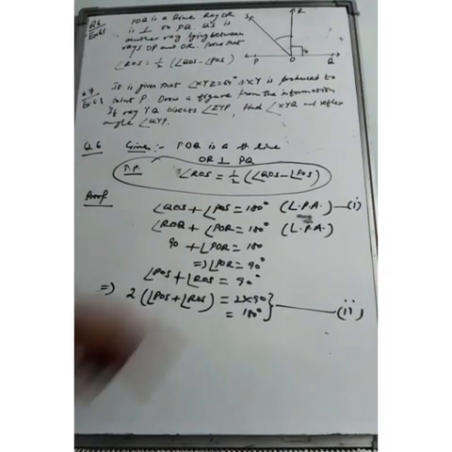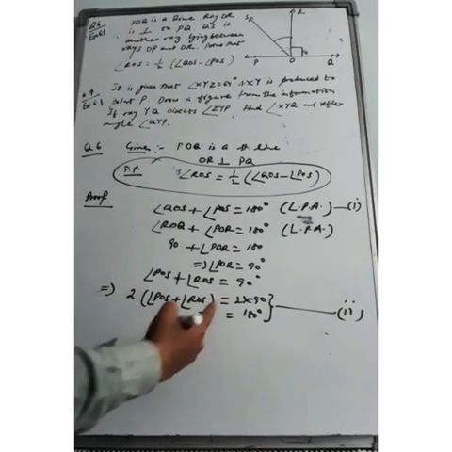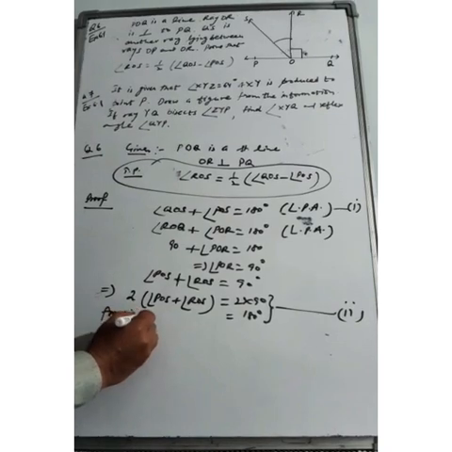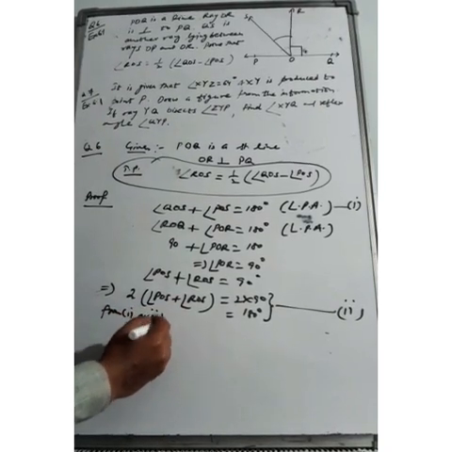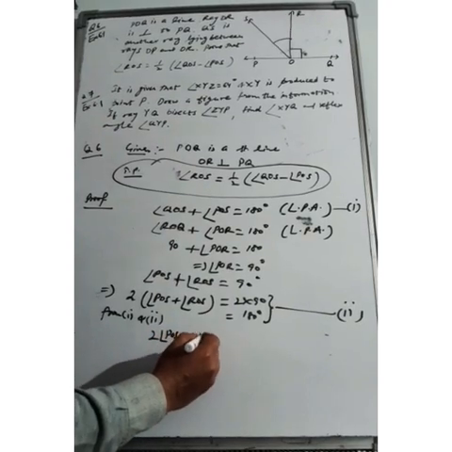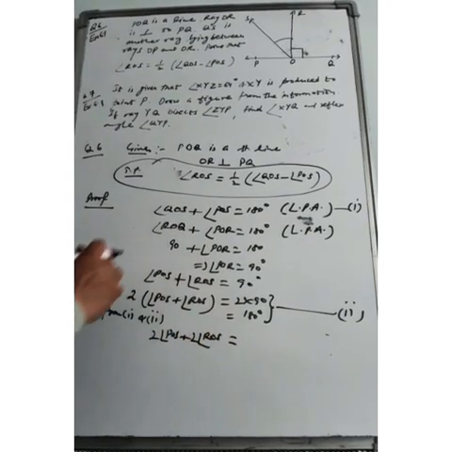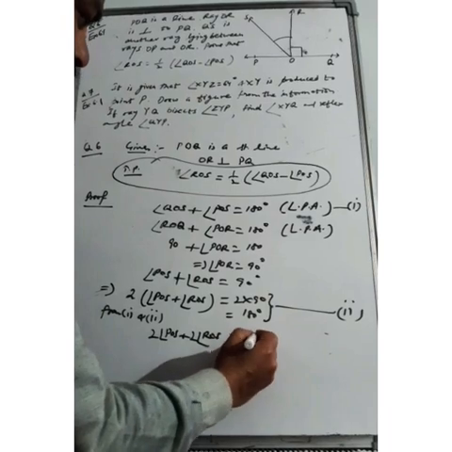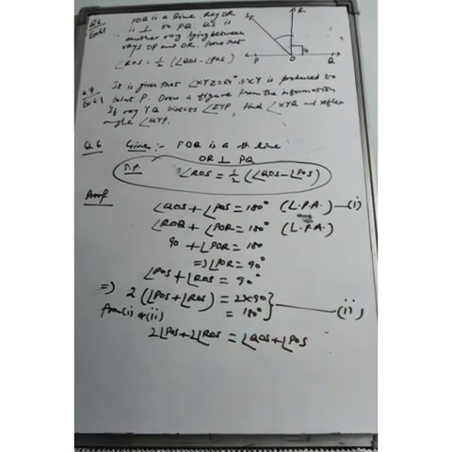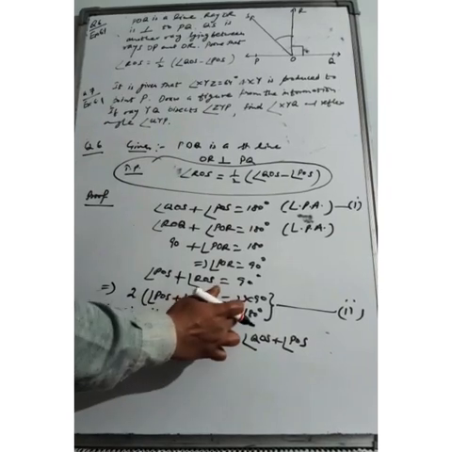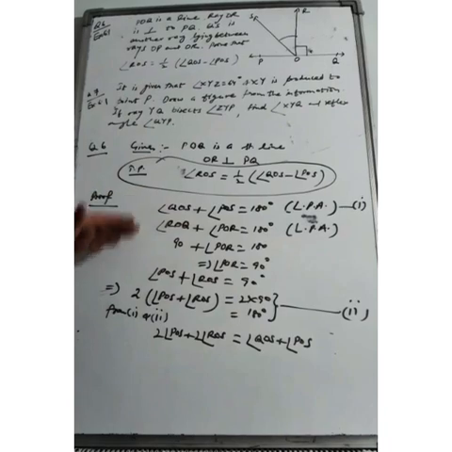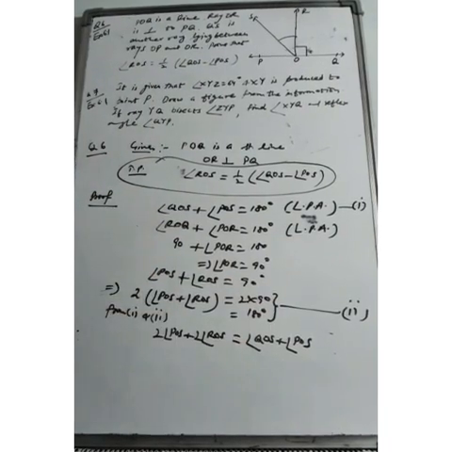Now I can compare the two, and from 1 and 2 you get twice angle POS plus twice angle ROS equal to angle QOS plus angle POS, isn't it? Because if two results are equal to the same thing, then those two results are equal to each other.